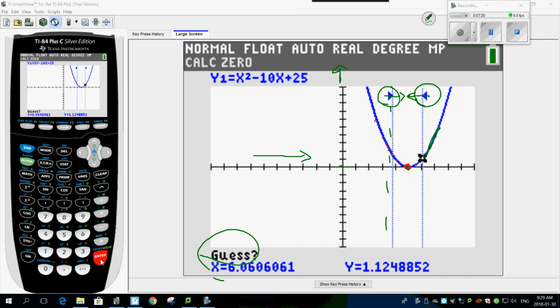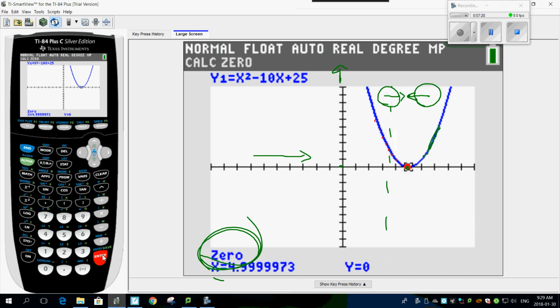And then it asks you to guess. Well, you're not going to guess. You're going to let the calculator do the guessing. Just hit enter. Okay? And look at that. It gives you a value. Now let me talk about this value a little bit. This gives you 4.99999 and goes on and on and on. One of the problems with this calculator is that it likes to round.